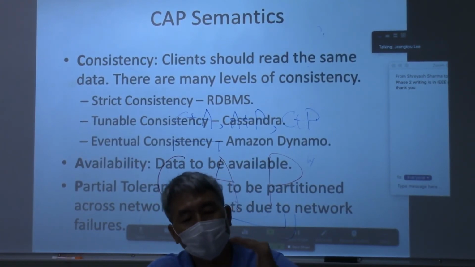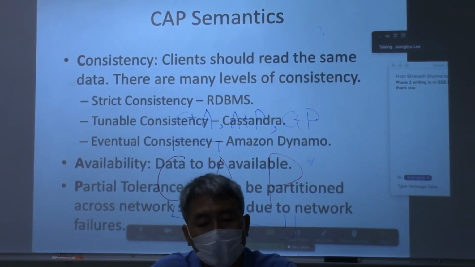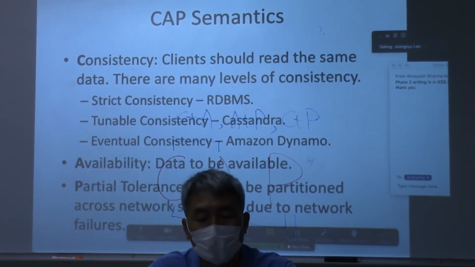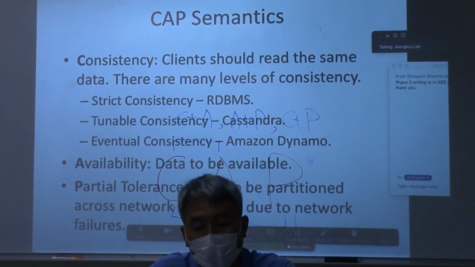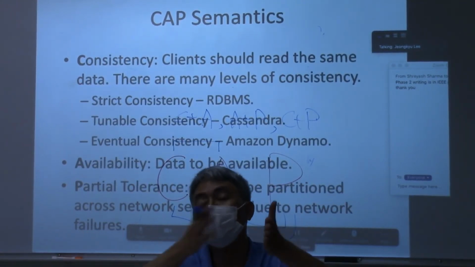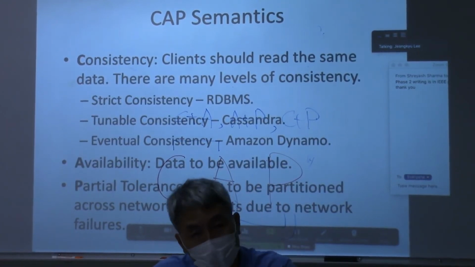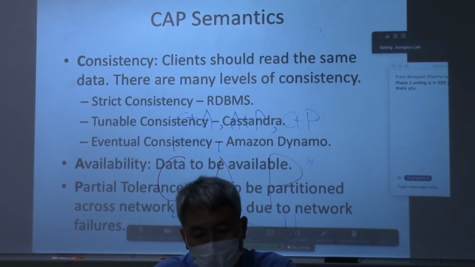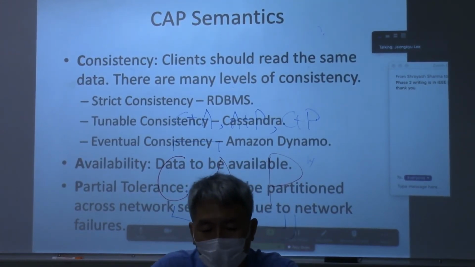On the other hand, the NoSQL databases that we are going to discuss and learn have eventual, relaxed consistency. Availability means data should be available all the time. Partition tolerance means the data is partitioned and distributed, so if part of the system is not accessible, the entire system should still be working.